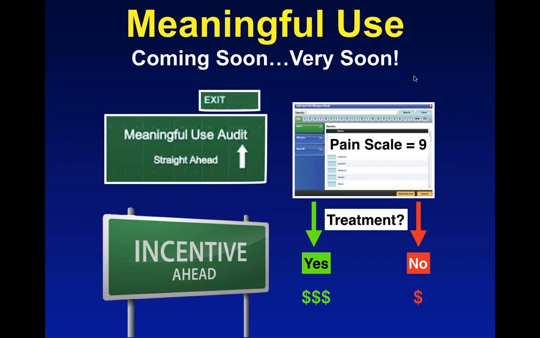I know that the analytics with some of these ePCRs is very robust. Software companies like First Watch, First Pass are going to be ones that come to the forefront. ESO is another company doing the same thing to help you analyze your data, because it's going to be a requirement and not a recommendation anymore.